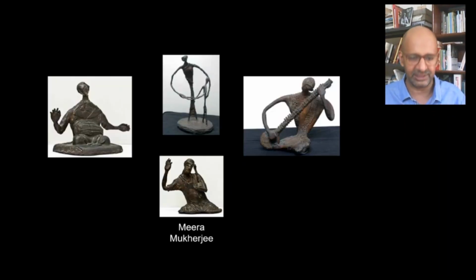So therefore, when Meera Mukherjee executes these figurative sculptures, and when she takes the freedom, the aesthetic liberty of extending the arms, elongating the human bodies, deliberately breaking down or altering the naturalistic proportions, she is certainly having an intention, and that intention is obviously to introduce some fluidity in the form, some lyrical quality in the form, which may not be possible by following a strict academic realistic representation.